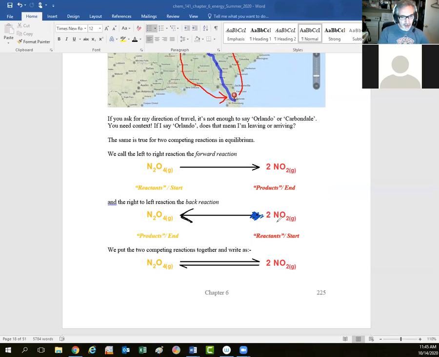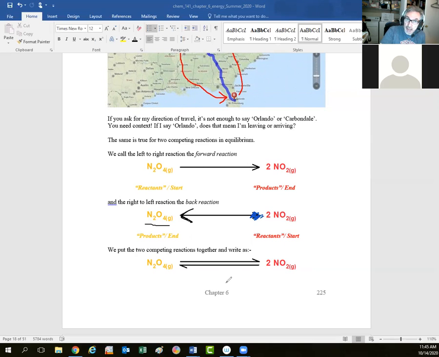So those products, nitrogen dioxide, can break their bonds and turn back into the dinitrogen tetroxide. So reactants turning into products, but the products also turning into the original reactants. And so we normally show this reversible nature with two arrows, each pointing in the opposite direction.